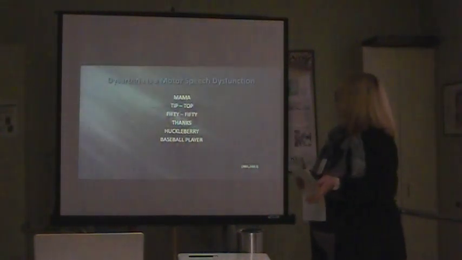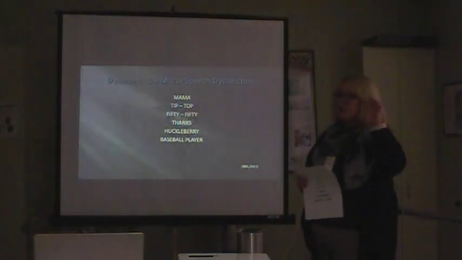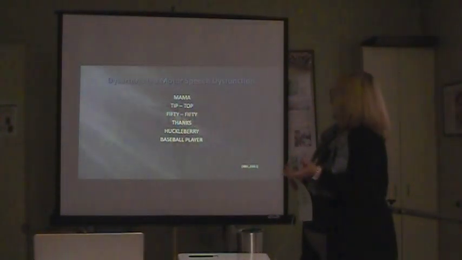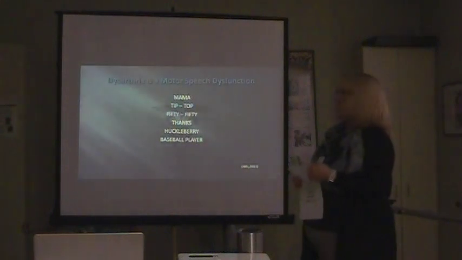What you're looking for is, is there slurring of those words, or can you completely understand what they're saying? 50/50 is very hard for people. The Huckleberry is also pretty hard, and so those are the easy ones to pick up if there is any slurring of the speech. We'll go back here.